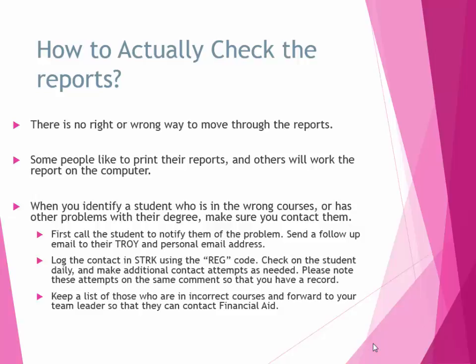Each time you attempt to contact them about an issue, you want to put it in STRK to show that you've made multiple attempts to contact them. We want to make sure that we're calling multiple times to get the issue resolved, because there've been too many instances in the past where a student will say, oh, I didn't know about this, and there were only one or two instances where we could prove that somebody had tried to contact them. So we want to leave no doubt that an attempt was made.